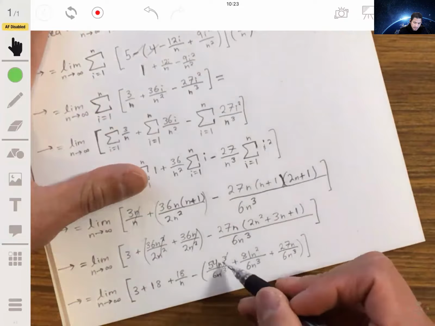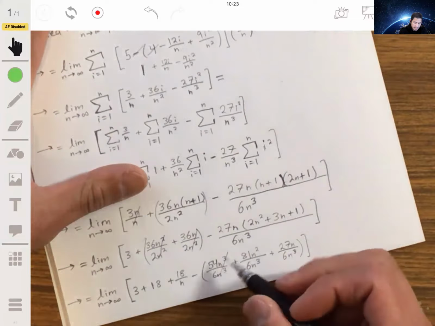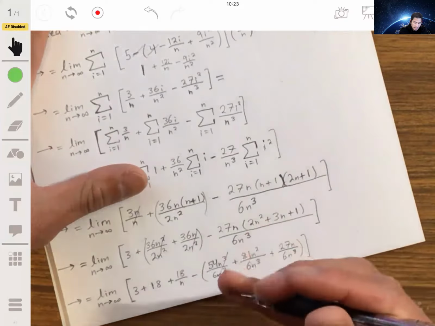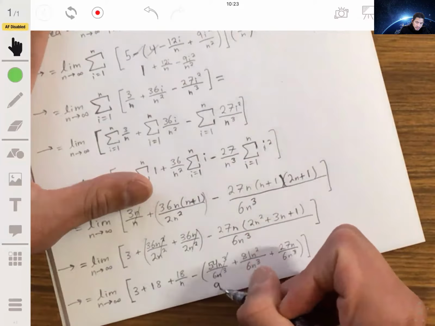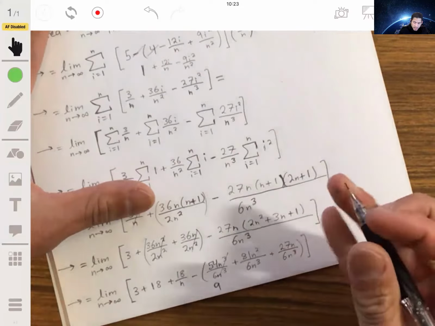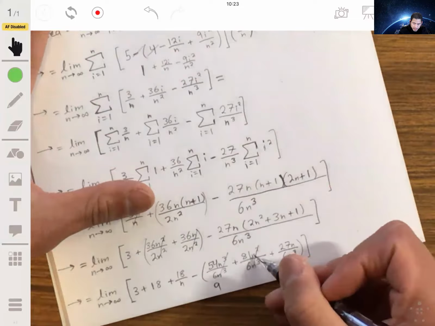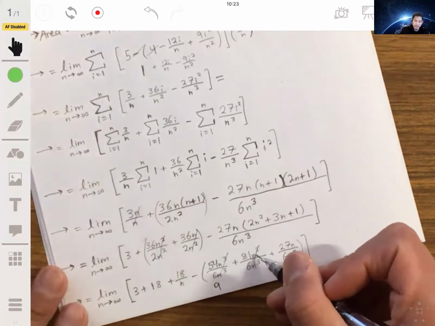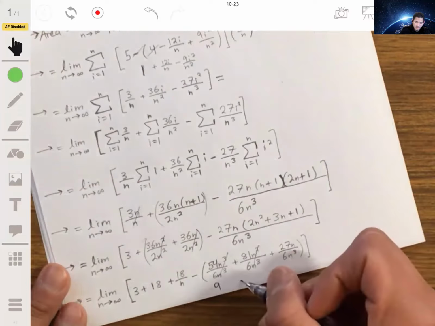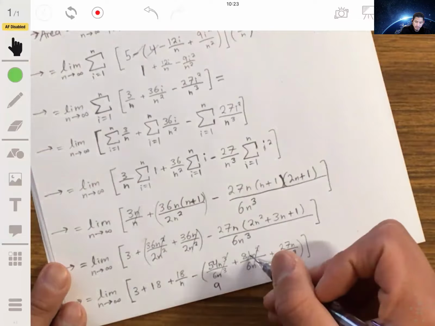So those cancel. 54 over 6, I believe, is 9, the last time I checked. So I guess 9. This becomes an 81 over 6n. And I believe that'll simplify.